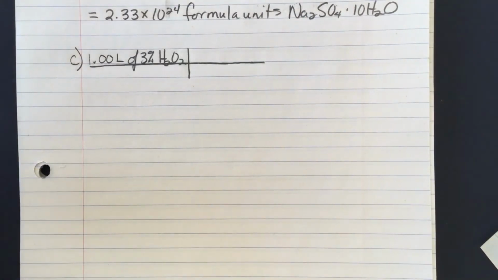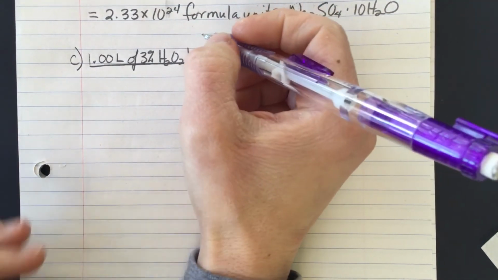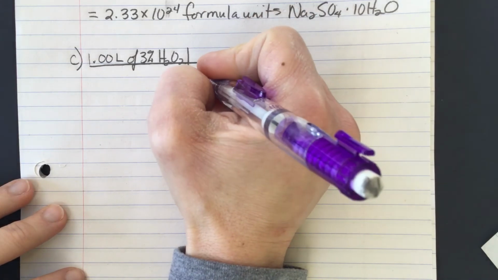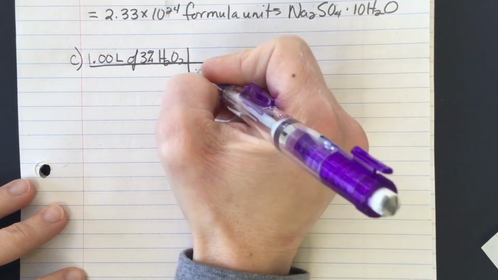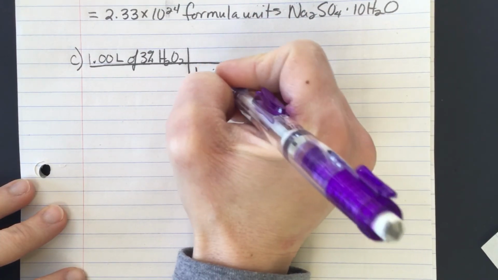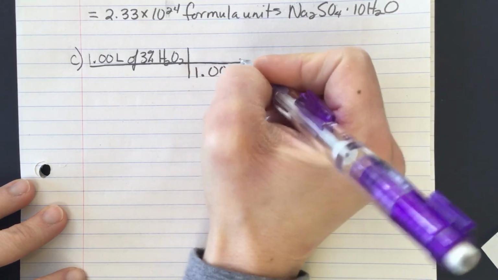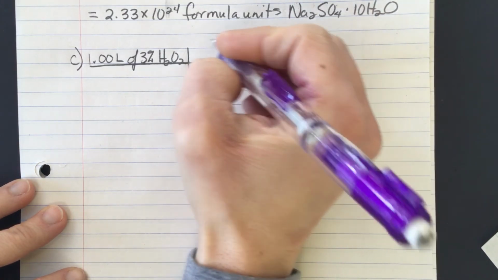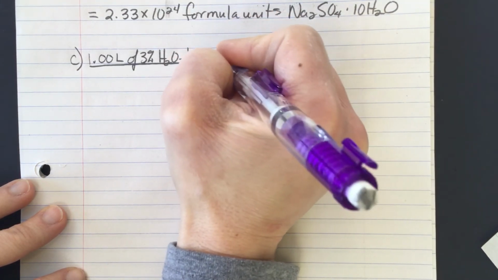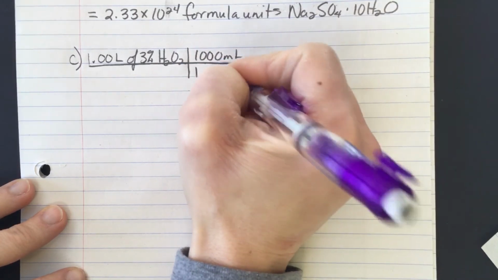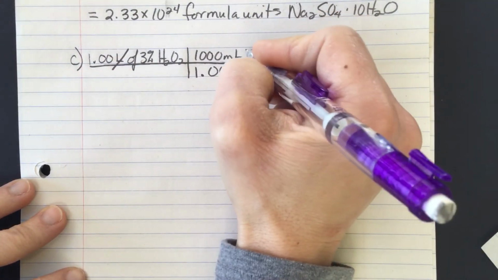And they told you, don't forget about the density, that the density is 1 gram per milliliter, the same as water, because it's mostly water. So we have to convert from liters to milliliters to use that. 1.00 liters is 1,000 milliliters, so our liters cancel out.